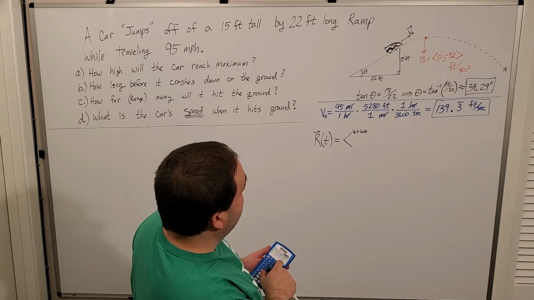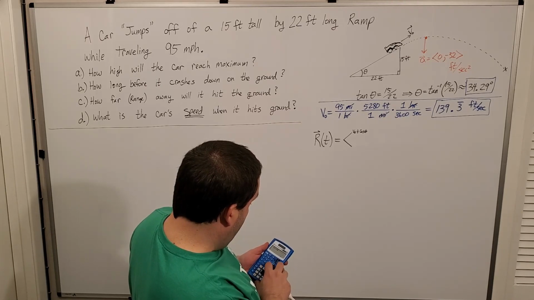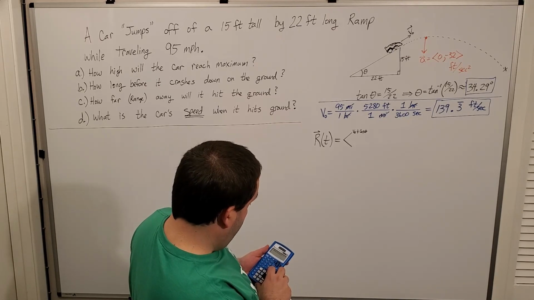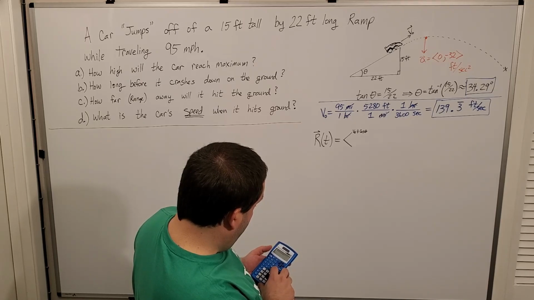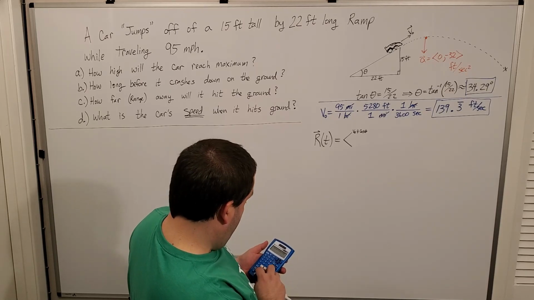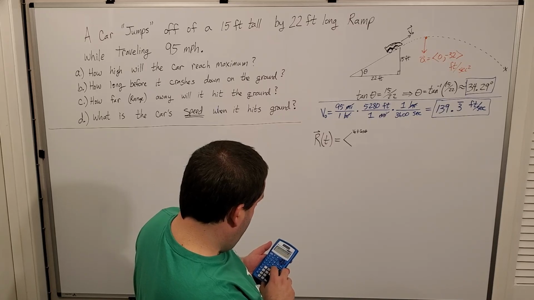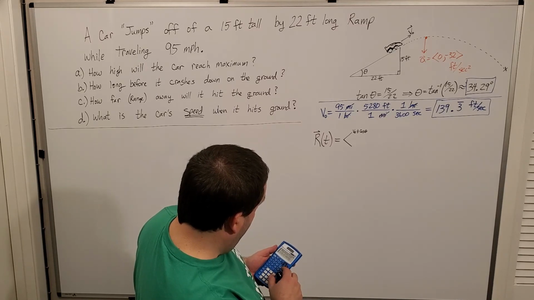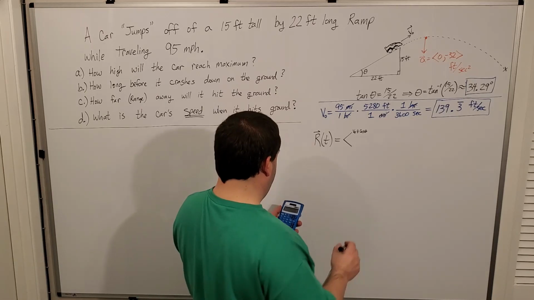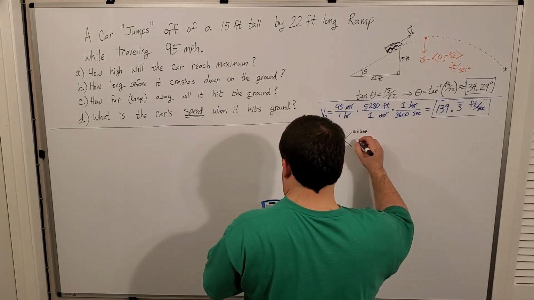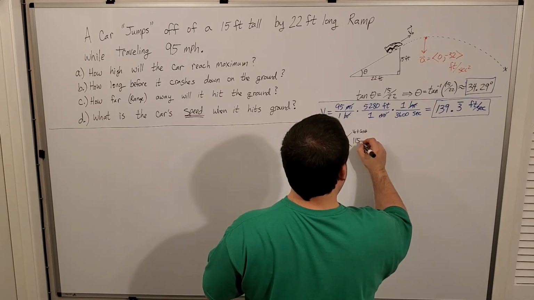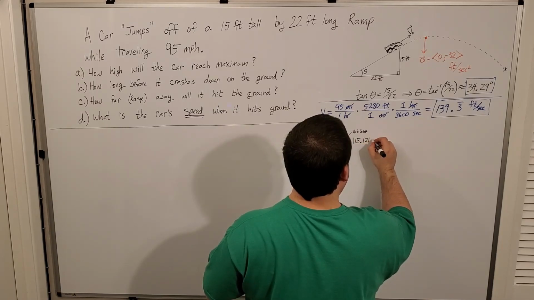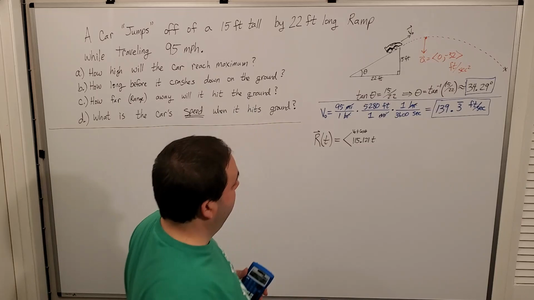139 point continuous 3, and then times cosine of theta. I'm getting 115.121 times t.